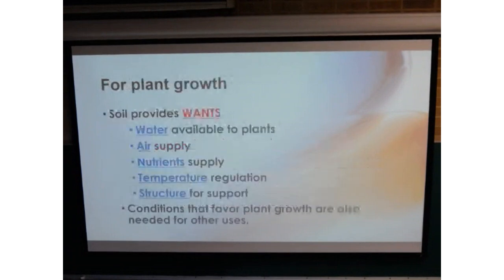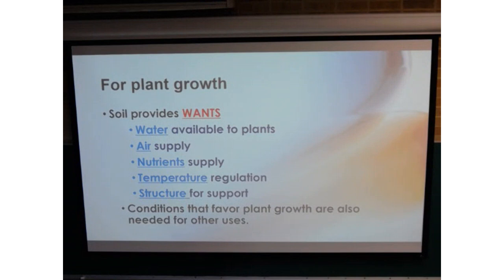Okay. And here are the 4 plant growth factors. Soil is a really useful material for our life. However, let's talk about those 4 plant growth factors. Soil is able to provide water, air, nutrients, temperature, and structure for plants. Soil also supports infrastructure: when you build a house, you need soil. When you want to get some source minerals, we need soil.